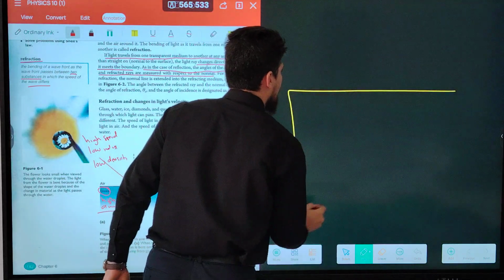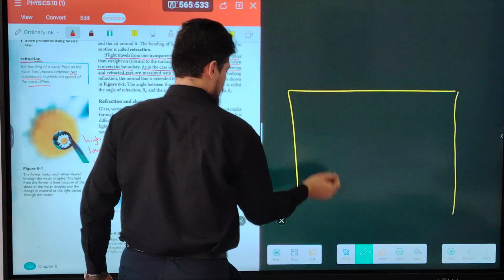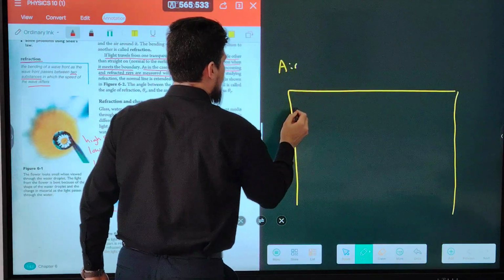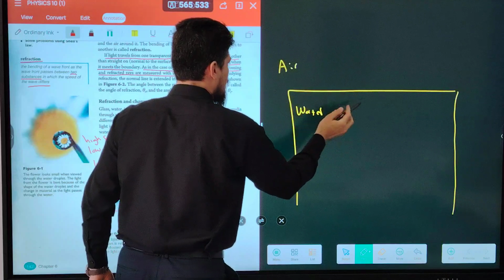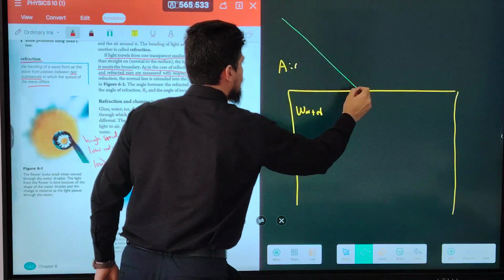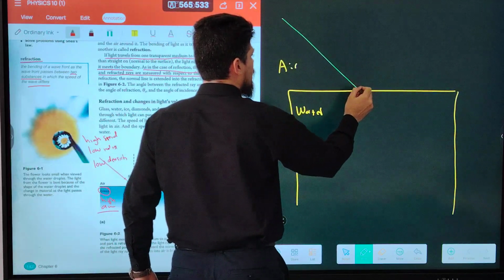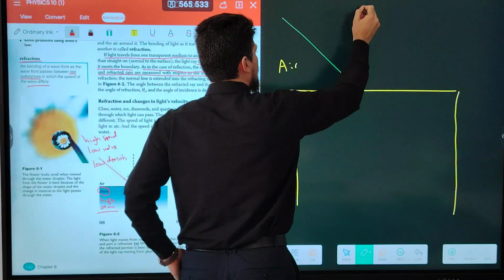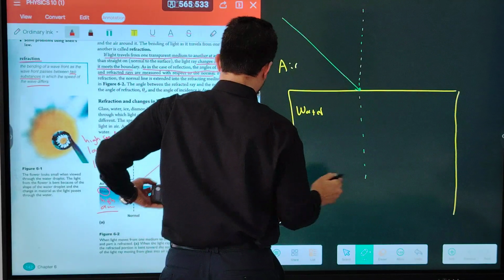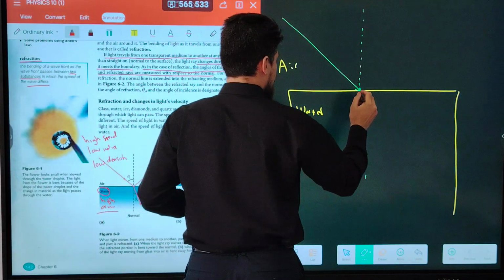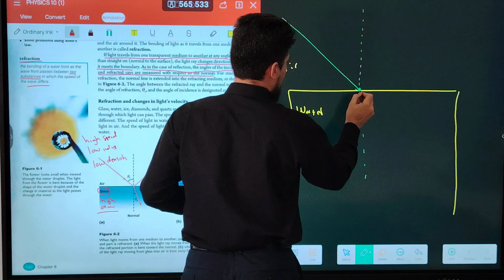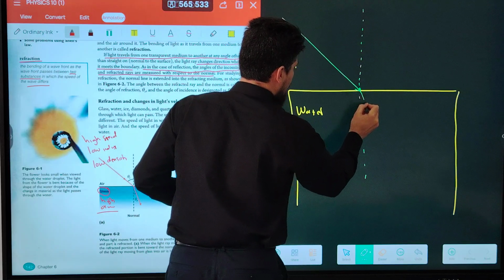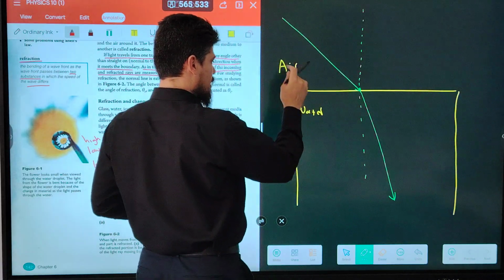Look, assume that we have two mediums. This is air and this one is water. When the light travels from air into the water, this is the normal. Guys, what is this? This is the normal. So what happened to the light? It bends toward the normal. Why?